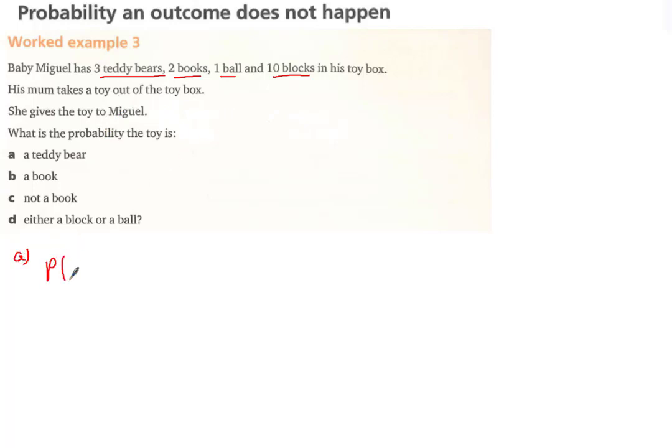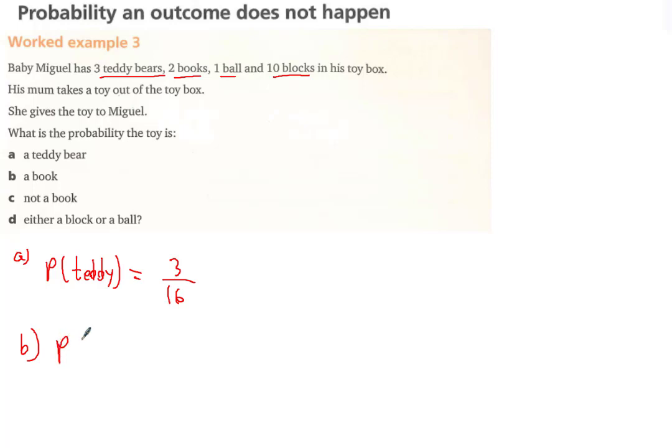So probability of being a teddy bear. It's the number of successful outcomes. Well, how many teddy bears do we have? We have 3. What is the total number of toys? Well, 3 plus 1 plus 2 plus 10 is 16. So it's 3 over 16. Let us leave it like this.